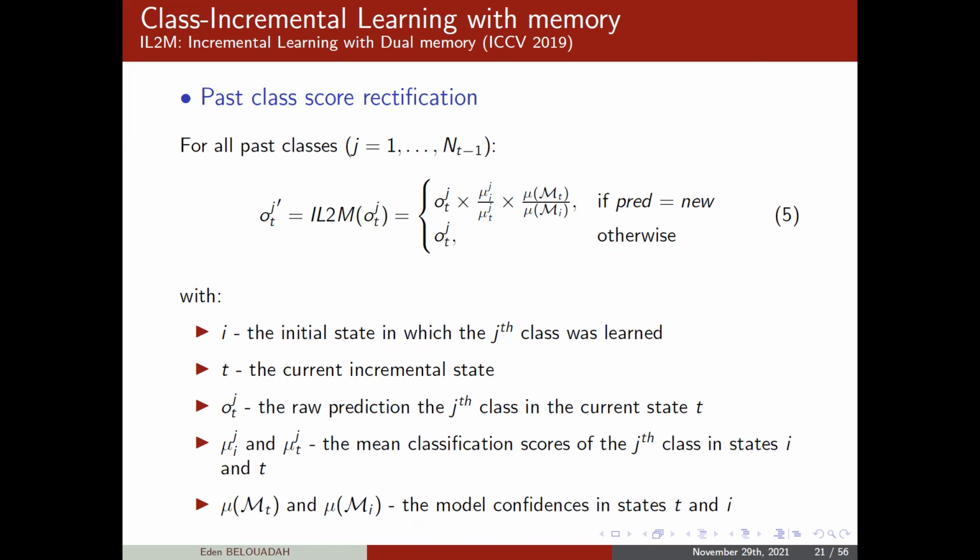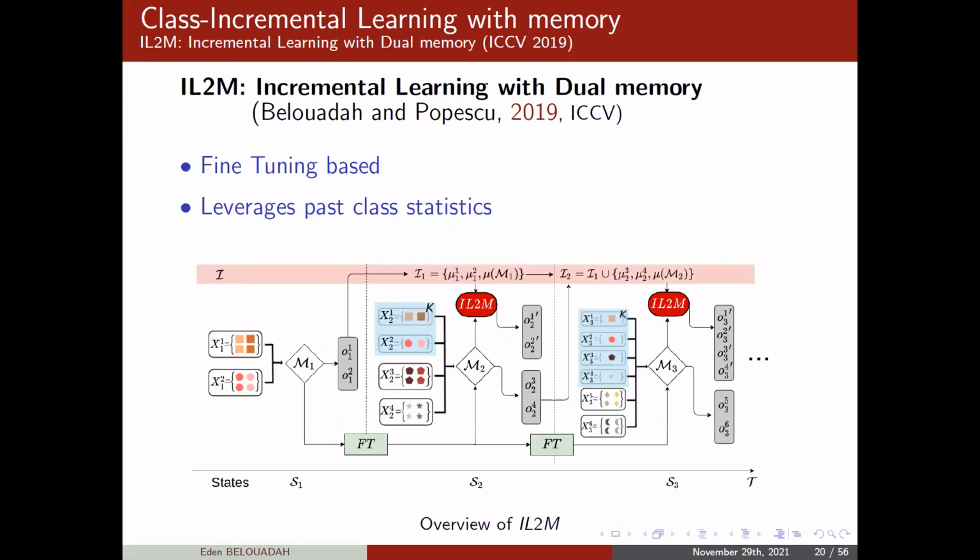In this specific case, we come back to this graphic. When we learn the class for the first time with all its data, it means it's a new class, so it has a large prediction score, as we saw in the graphics of the mean prediction scores.